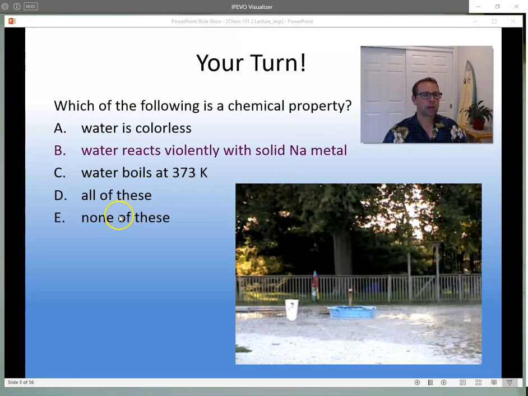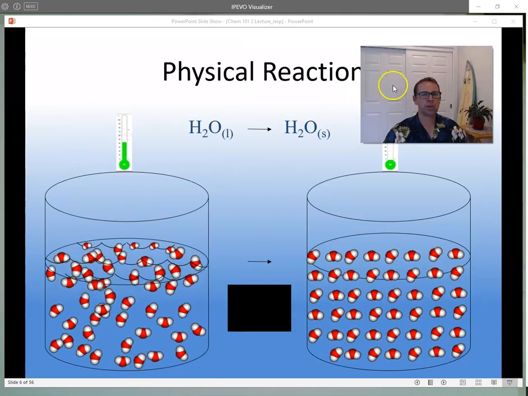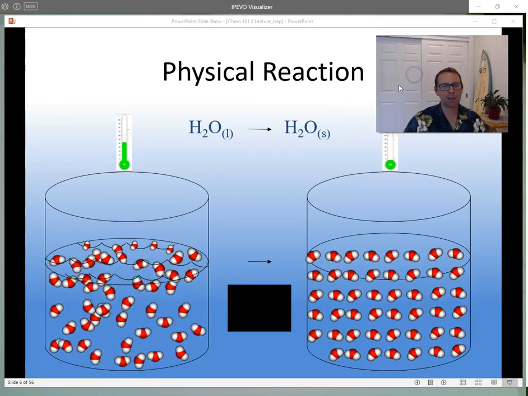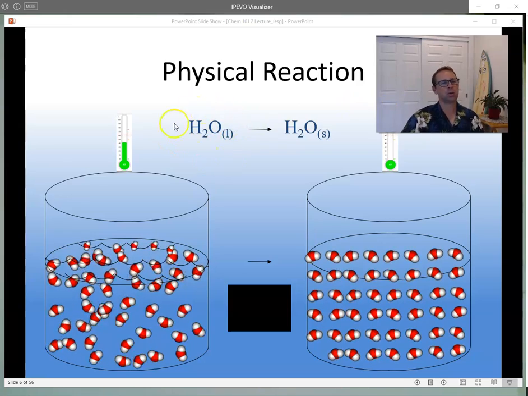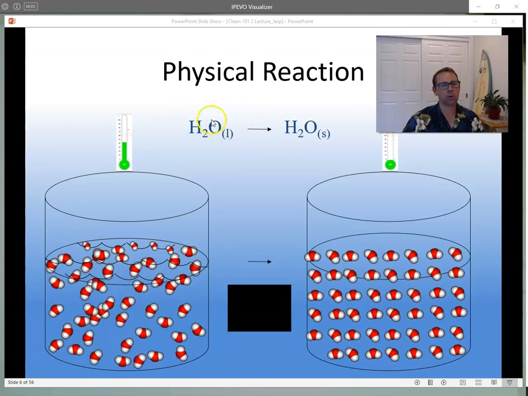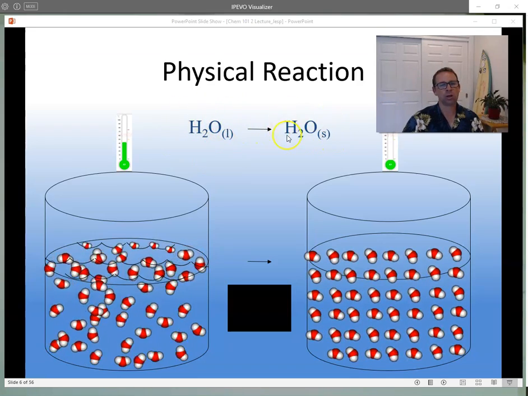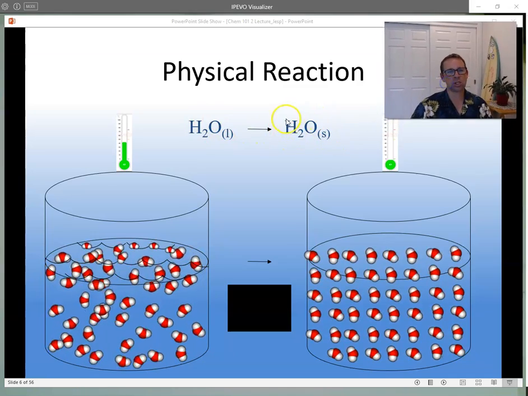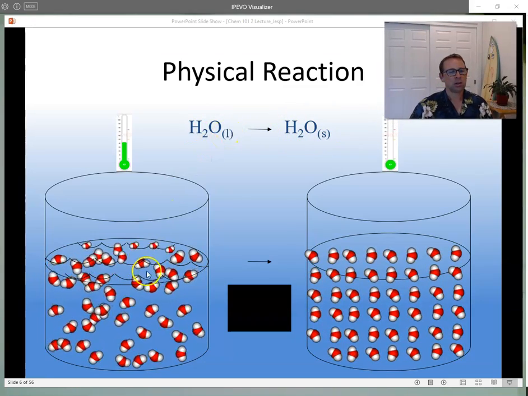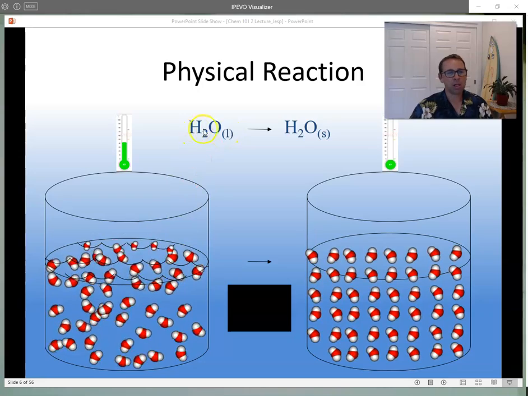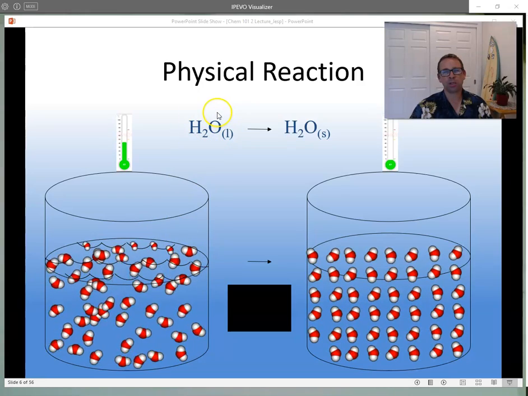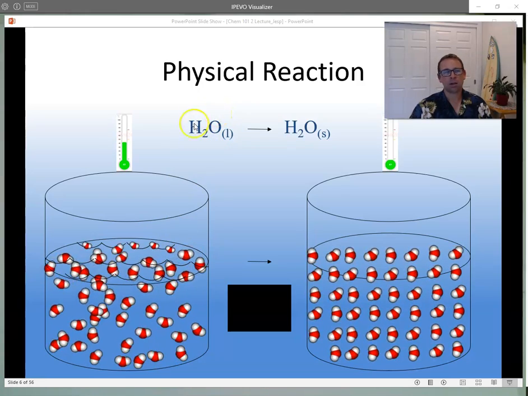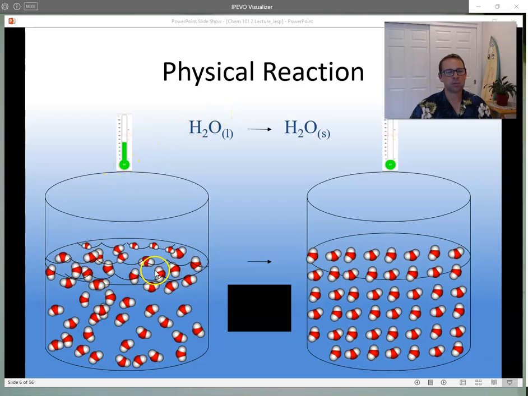Okay, let's see here. So here's an example of what's happening when we're taking something like water in a liquid form and changing it to water in the solid form, just changing its state. The molecules of water aren't forming different compounds, right? They're just changing how fast they're moving.